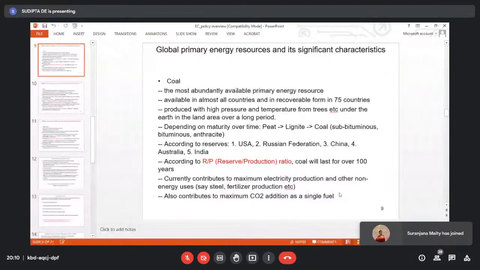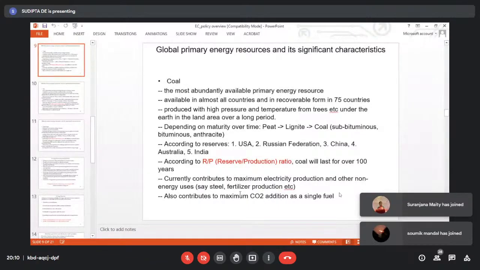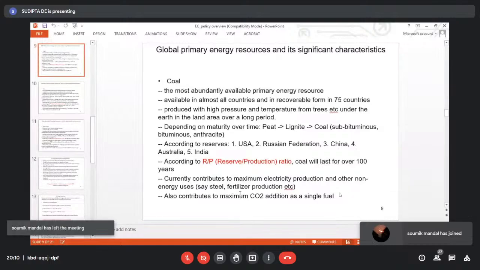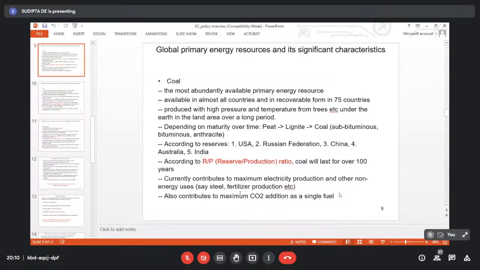What happens is that the reserve also goes on changing. That change of reserve is a little less probable, but the production can go on changing. In fact, depending on availability and government policy, the production rate changes over time. So the R by P ratio is not a constant one.